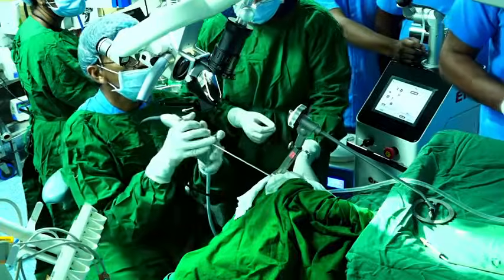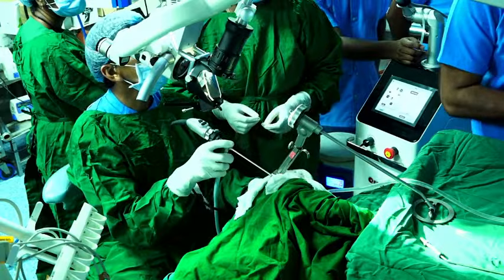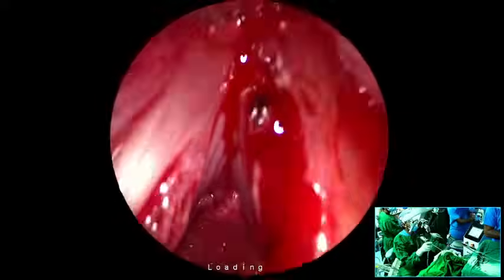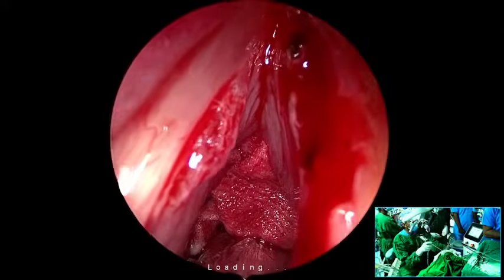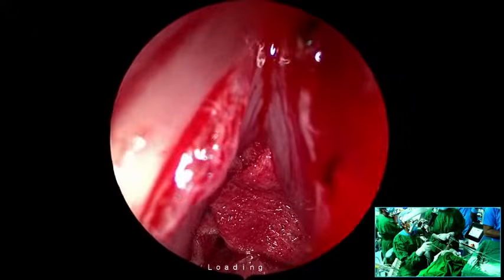This is the redundant mucosa what you see here, which I have preserved so as to respect the phonomicrosurgical principles. See, this is the reactionary edema. The fluid is coming out. So you can have a closer view, endoscopic picture.